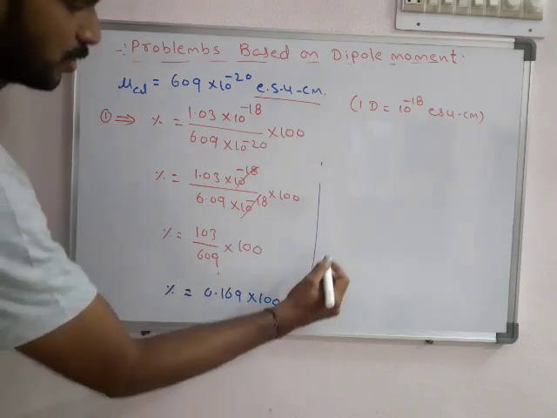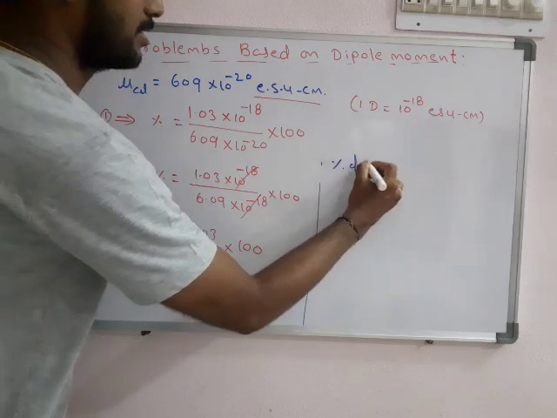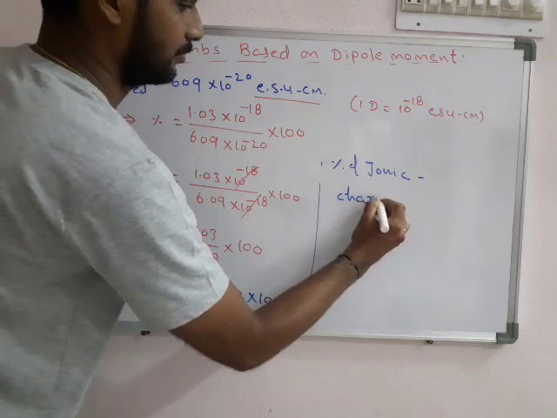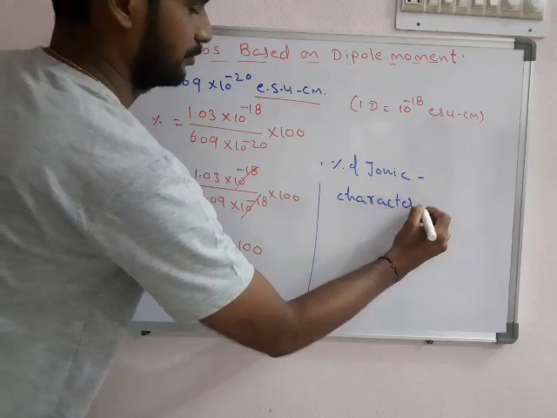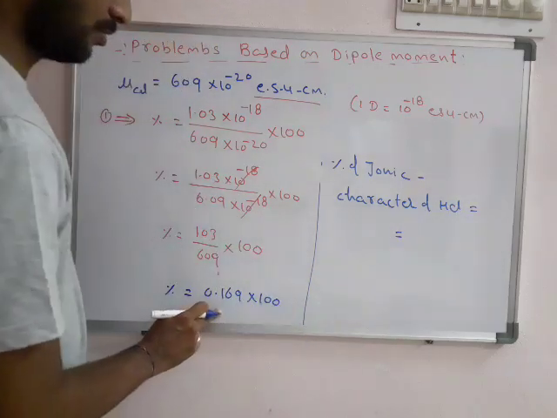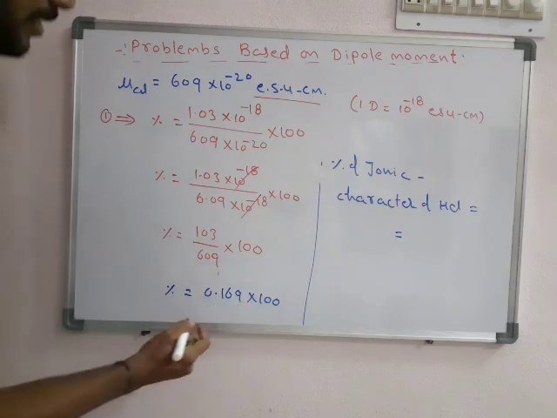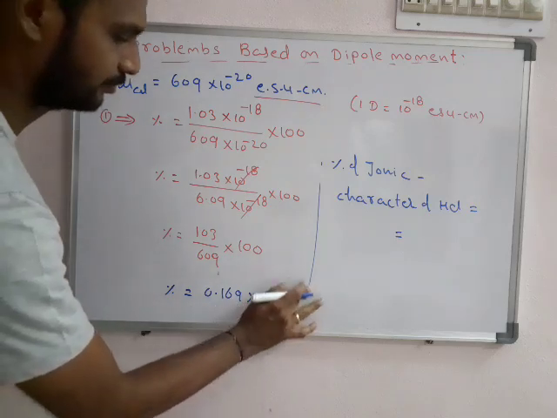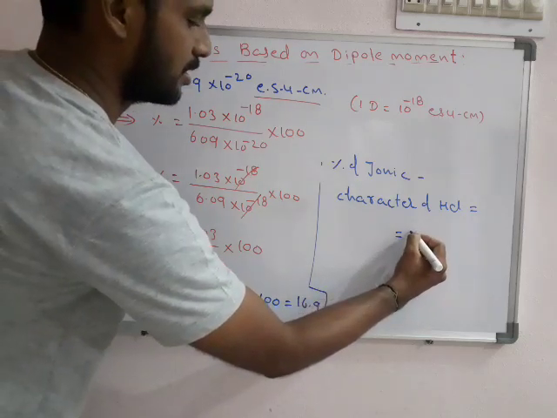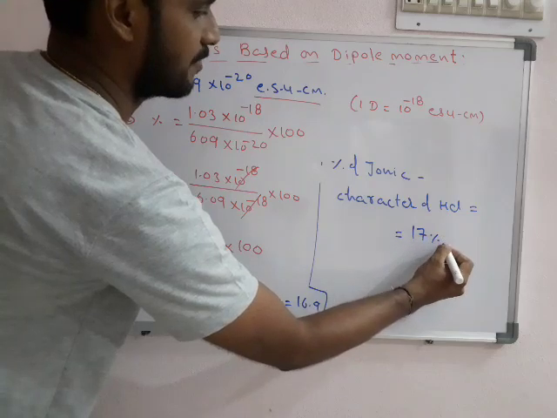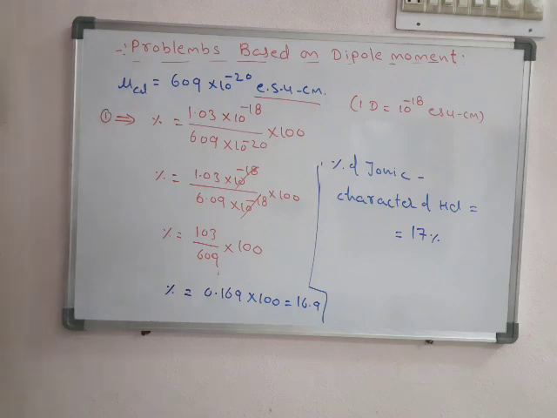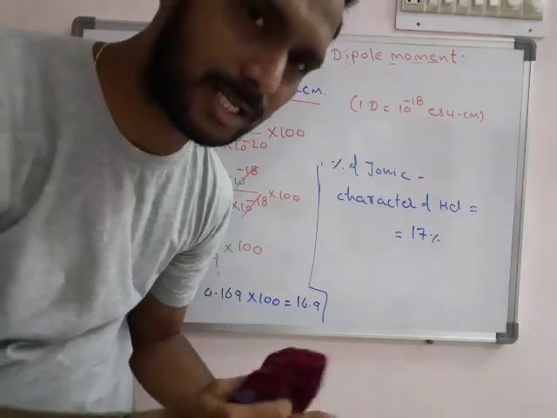So finally we got the percentage of ionic character of HCl, 0.169 into 100, which is 16.9. So approximately that is 17%. Okay, next, see the next problem.